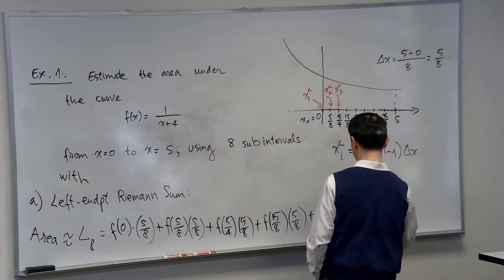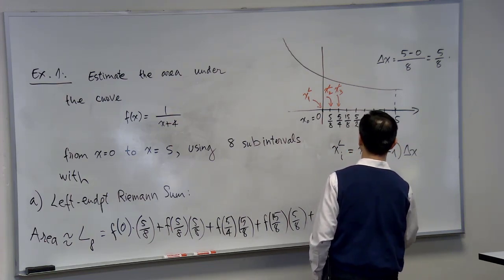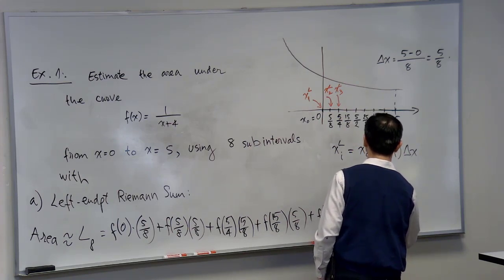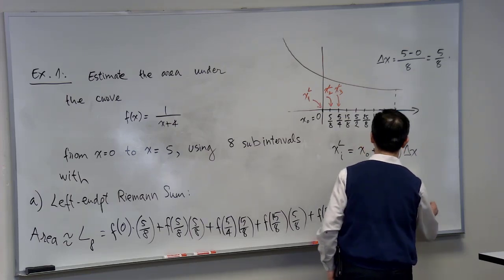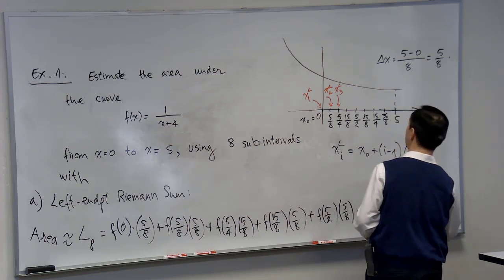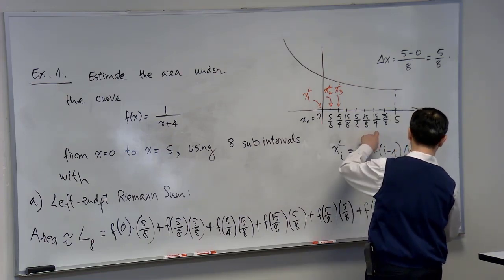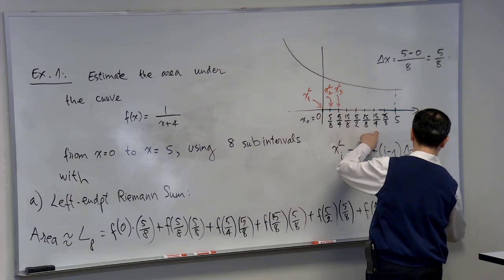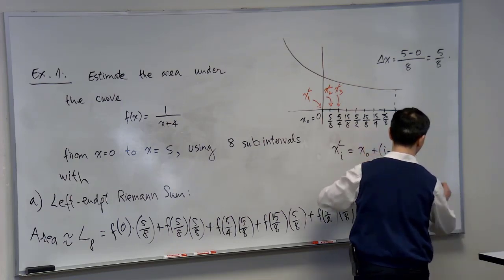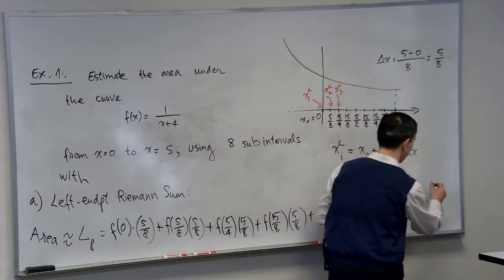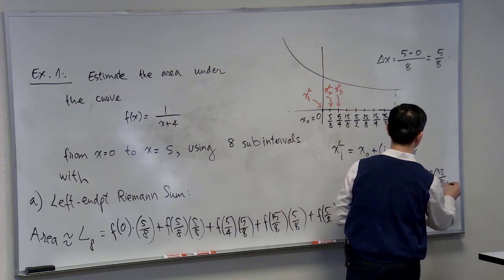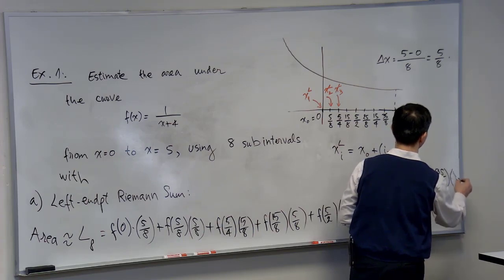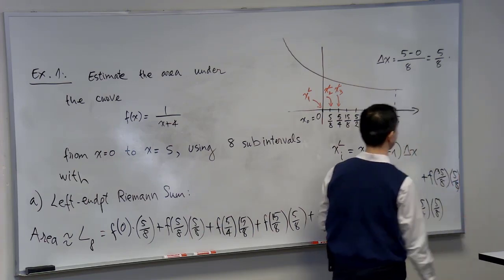Then 5/8 times 5/8, plus the function value at 15/4, times 5/8. And the last one, we have to jump up a little bit here: plus f of 35/8 times 5/8.